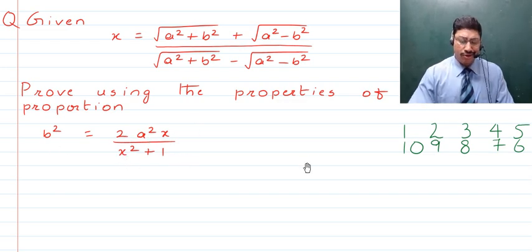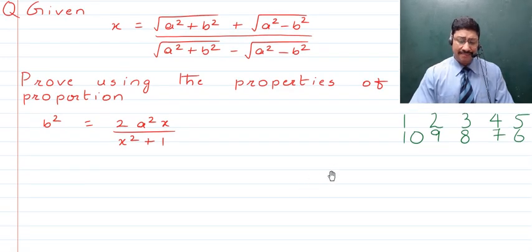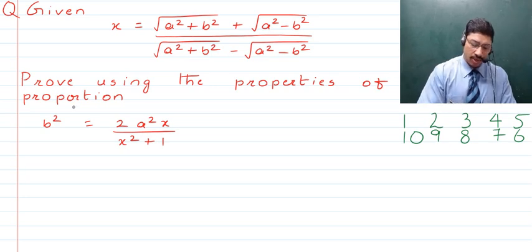Now in order to do this, children, we get to see that here somewhat we have componendo and dividendo already applied. Just try relating it with what componendo and dividendo was. For that matter, I will quickly revise with you.